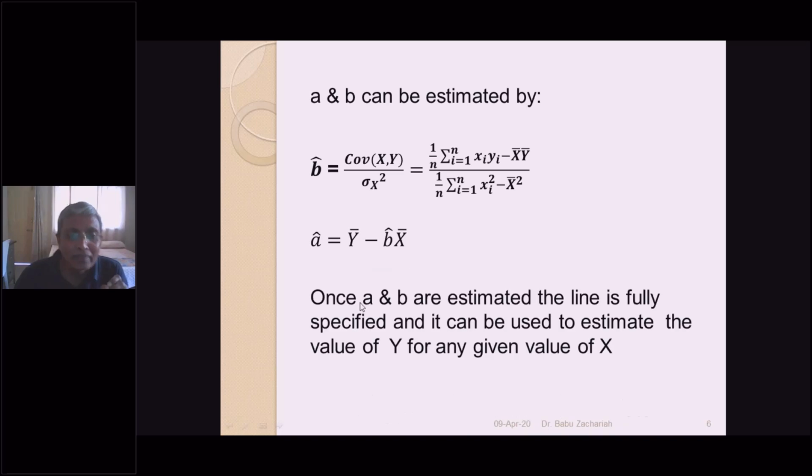Once a and b are estimated, the line is fully specified and it can be used to estimate the value of Y for a given value of X. So using this formula, we have to calculate a and b. Once you get a and b, y is equal to a plus bx is the line. Am I clear here? Can I proceed? Yes, sir. Okay, I'll proceed.